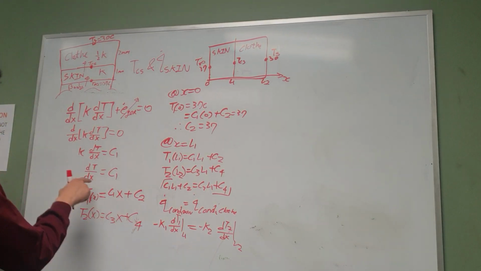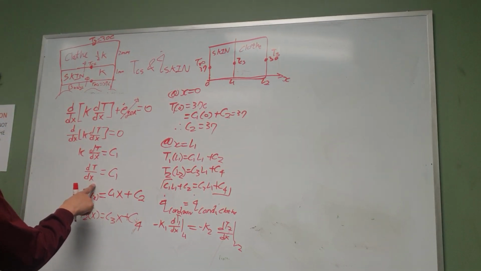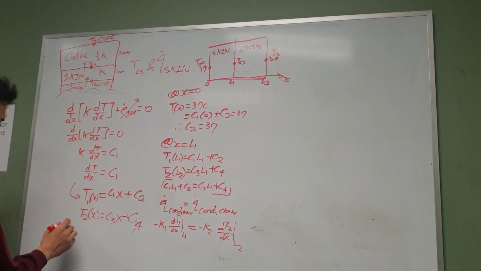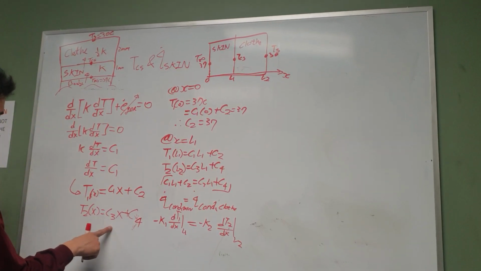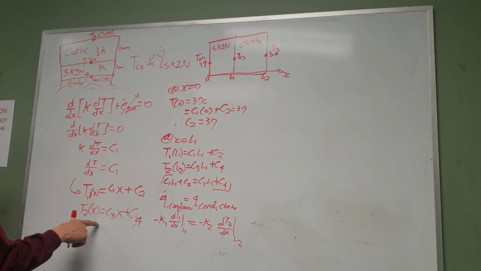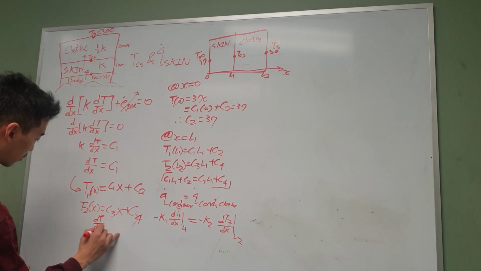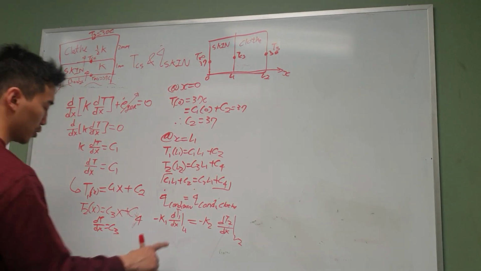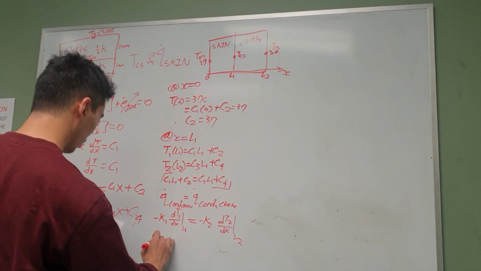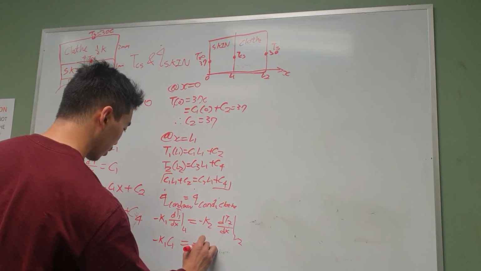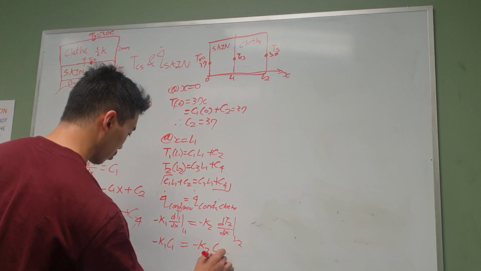We have noted that dT/dx is equal to C1, and if we solve it for C3, we'll have dT/dx equal to C3. So we can replace dT1/dx with C1 and dT2/dx with C3.